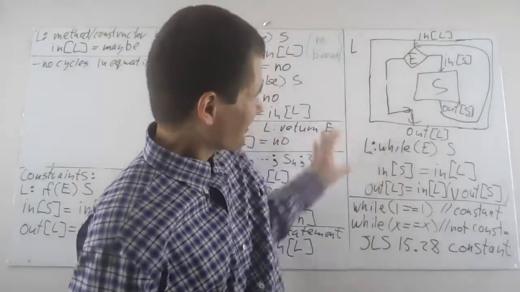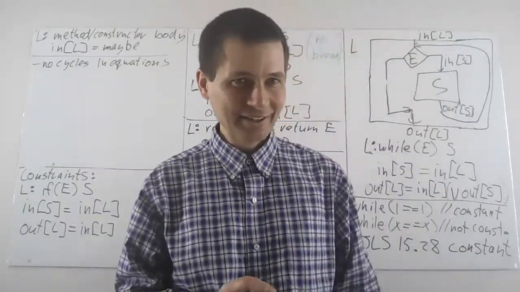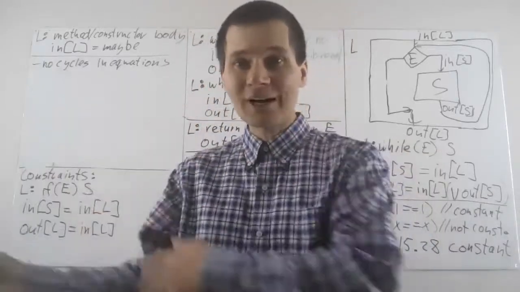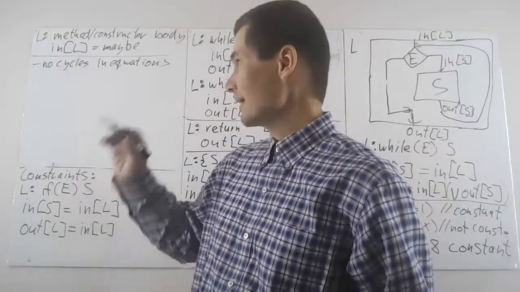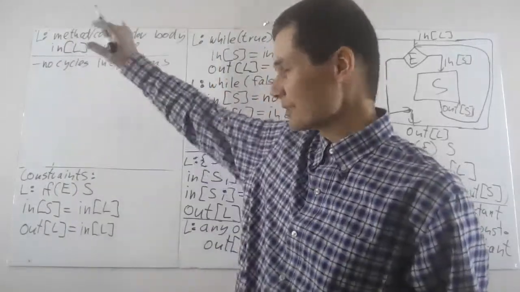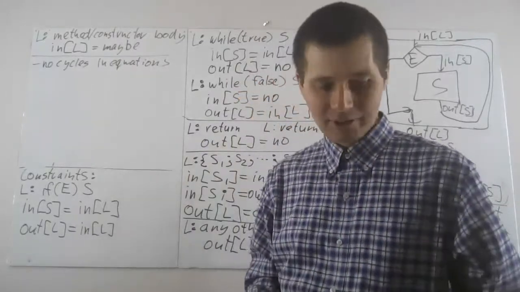I'm trying to tweak the example to have a cycle, but this particular example doesn't have one. I will give you an example later that will have a cycle, but for the reachability analysis, there are no cycles in the equations.